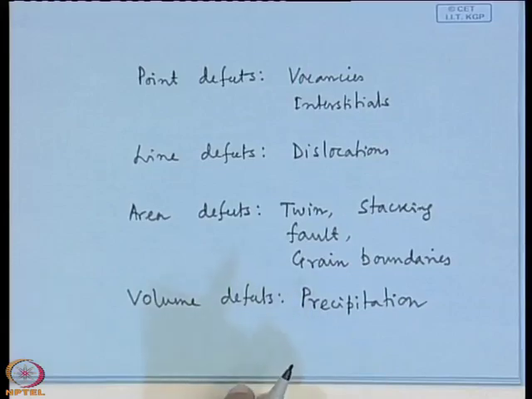Now, what is a volume defect? How is this defect created in the material? Say you are doping silicon with boron, or aluminum or phosphorus, whatever be the case. The doping depends on the solubility of the material, and the solubility depends on the temperature.